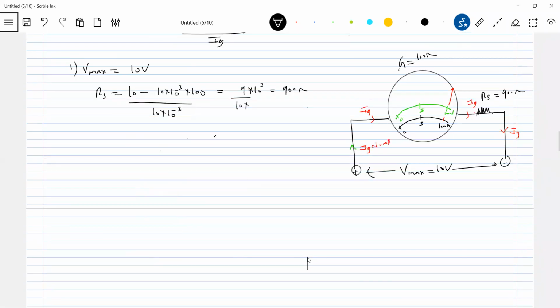If I apply 5 volt, what conditions will arise here?